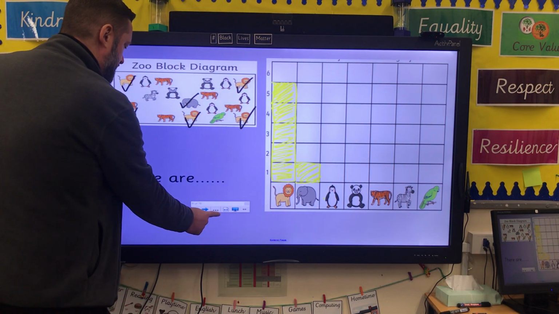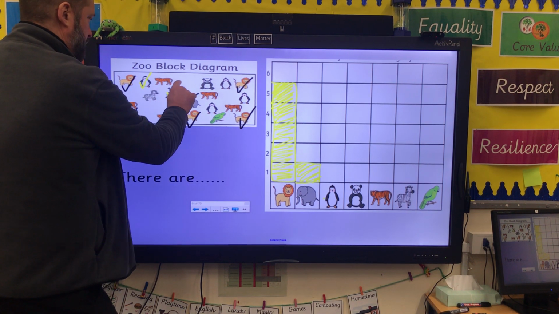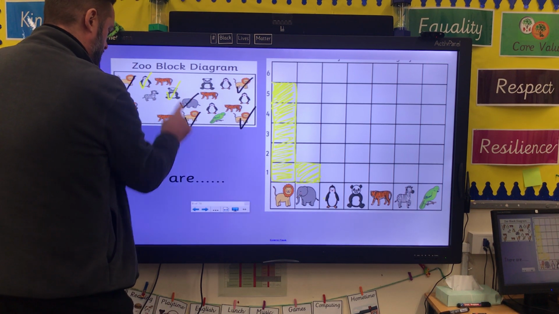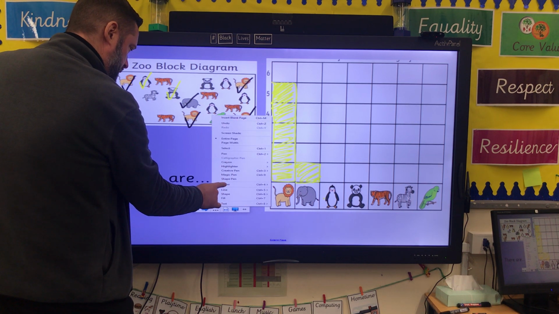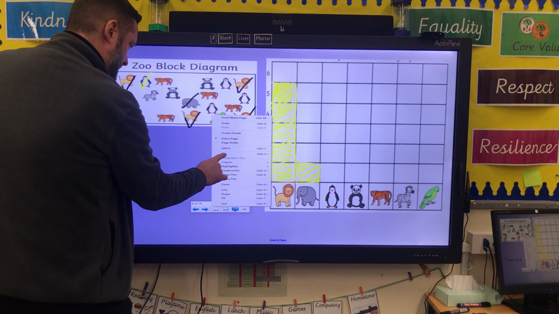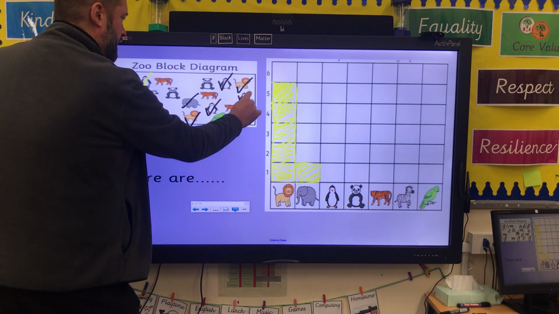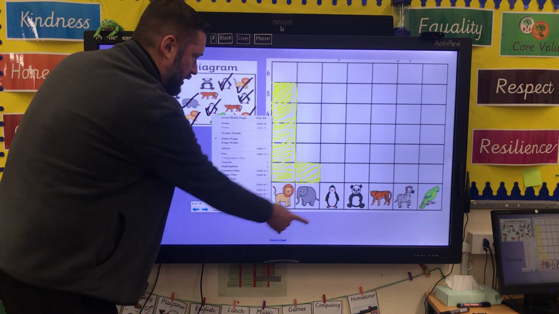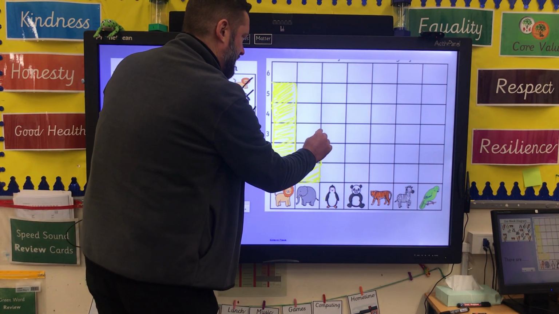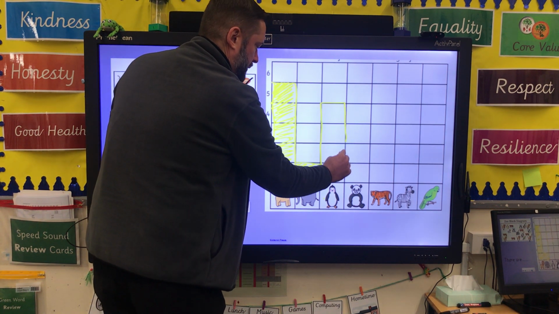That's right, penguins. 1, 2, oh no, let's get rid of that. 1, 2, 3, 4. So for my next bar, I'm going to draw 4. Shout stop when I get to the right one. That's it. There's my block for the penguins.